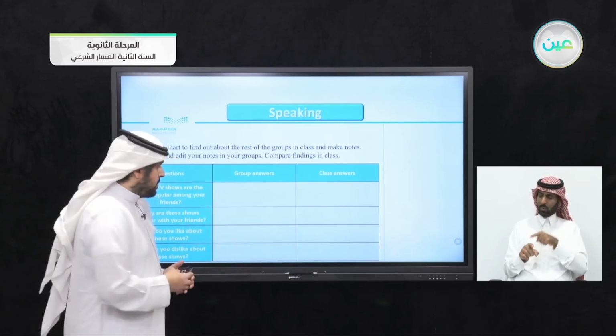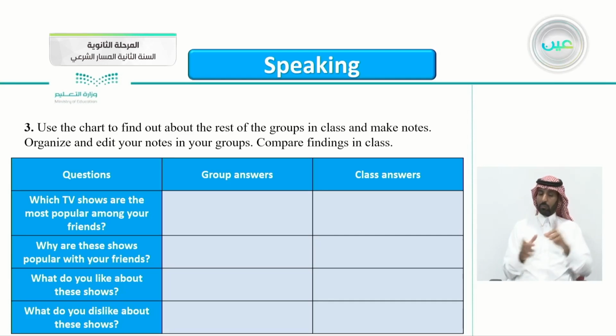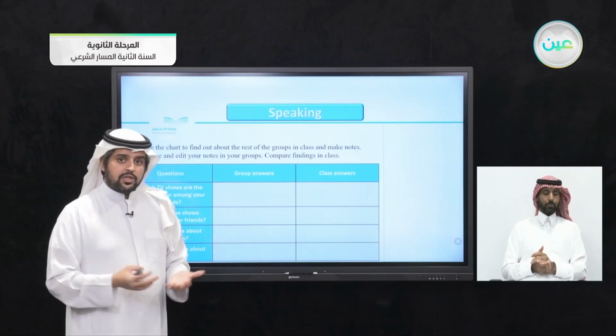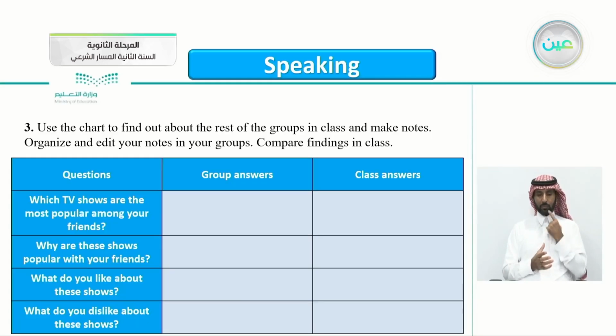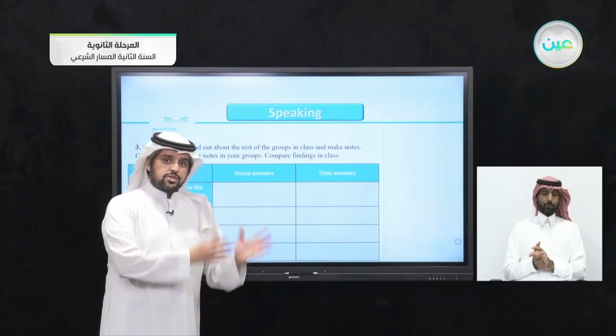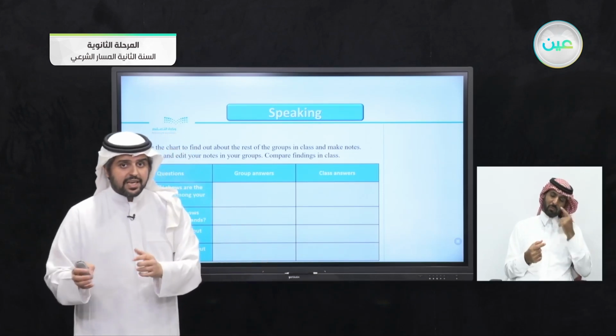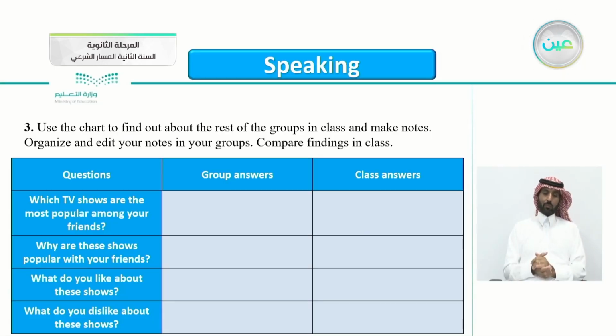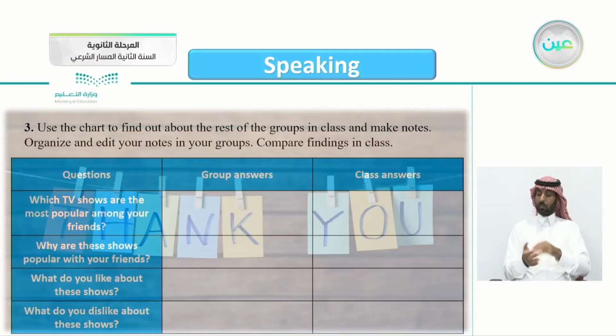Why are they popular? What do you like about these shows? If you like these shows, tell what you like about them. What do you dislike about these shows? So the last 2 rows here: what do you like about the shows and what do you dislike about the show? This is the group answers and class answers, and of course compare them together.